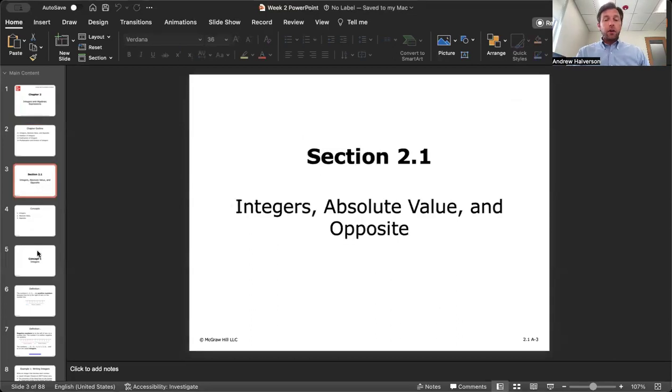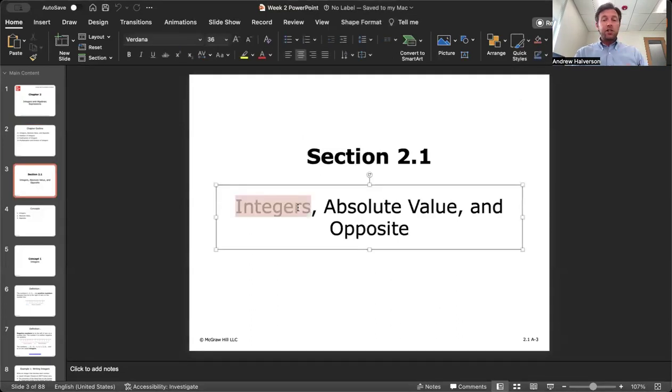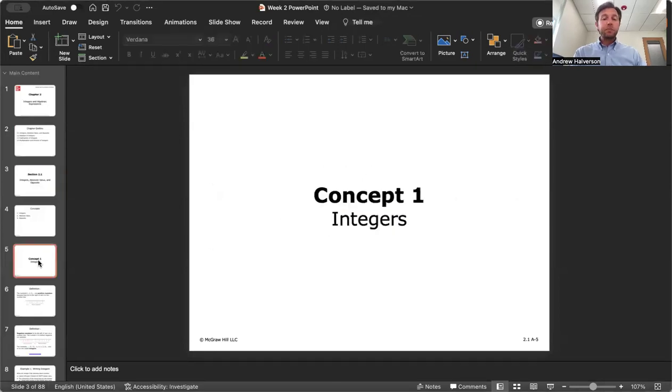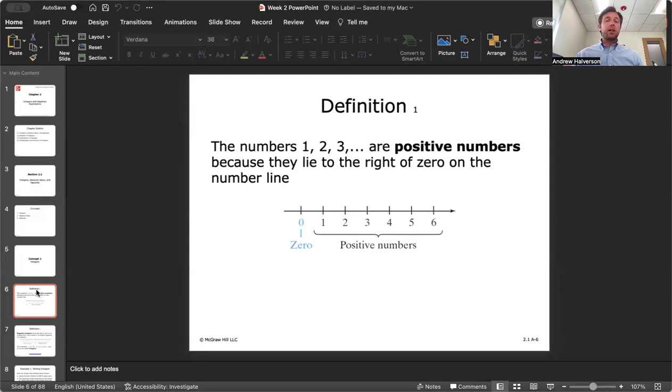Okay, so let's start off with the notion of what an integer is and what absolute value is. Integers are just any number that's not a fraction and not a decimal. Those numbers would be 1, 2, 3, 4, 5, 6, 0, and also -1, -2, -3, -4, and so on. Not a decimal, not a fraction.